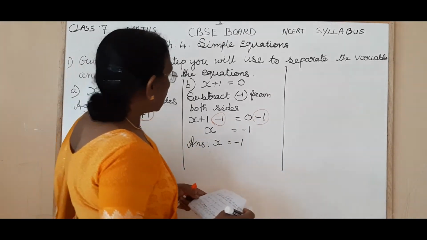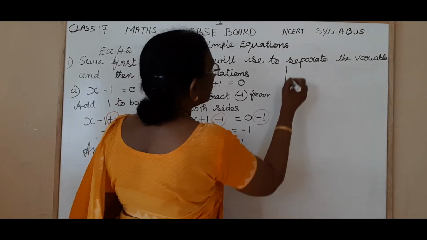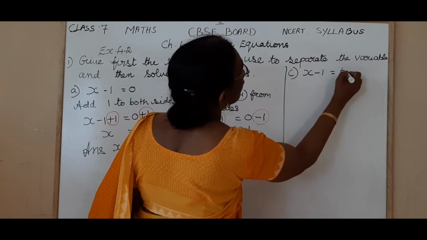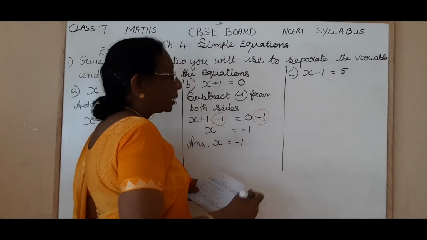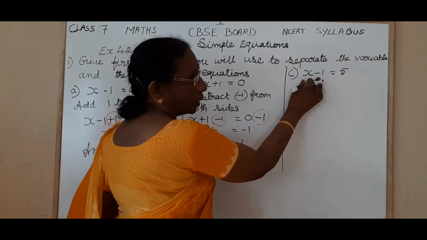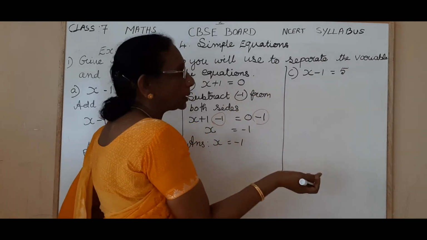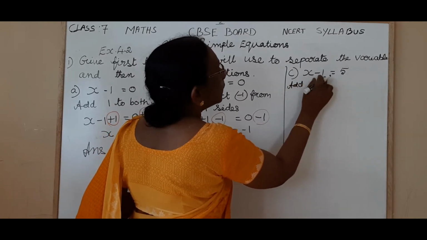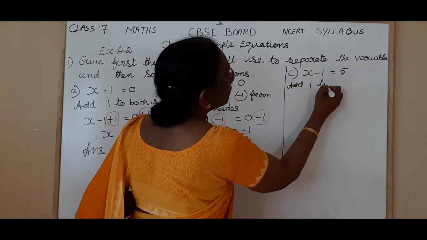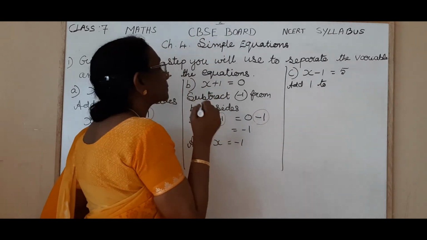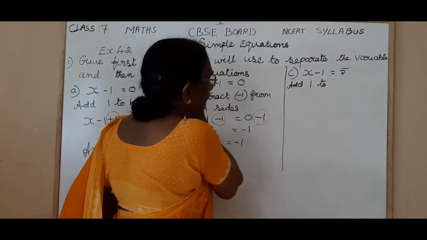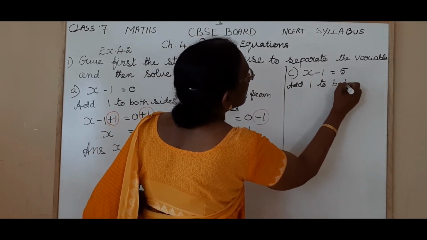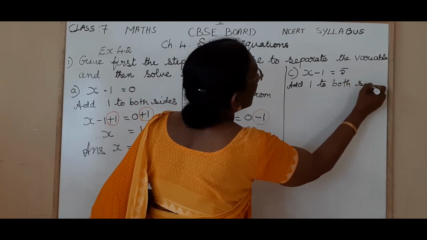Now the next third question is x minus 1 is equal to 5. Okay. So here it is subtraction operation. So what should you do? The opposite is addition. So add what? 1 to both sides.